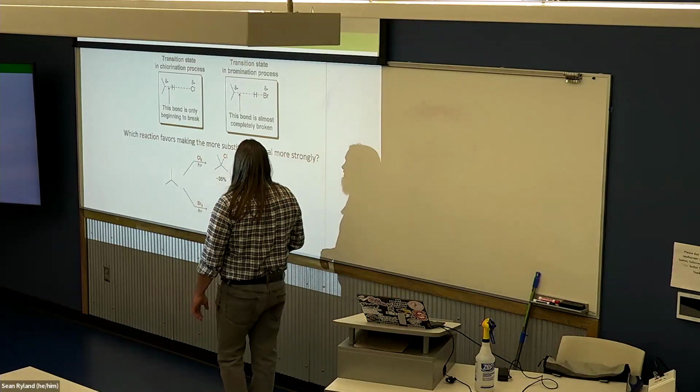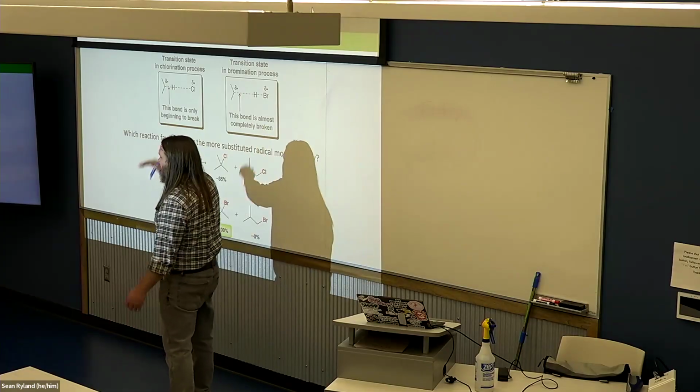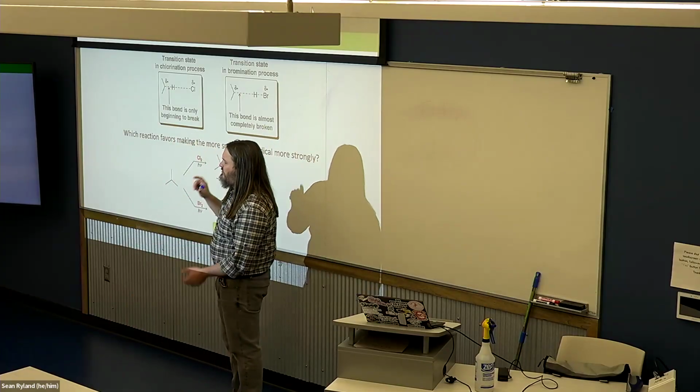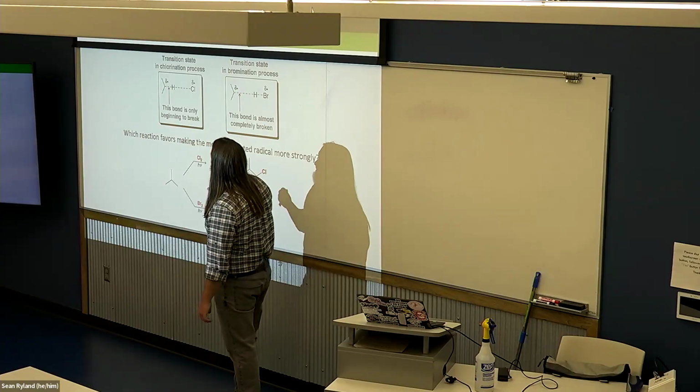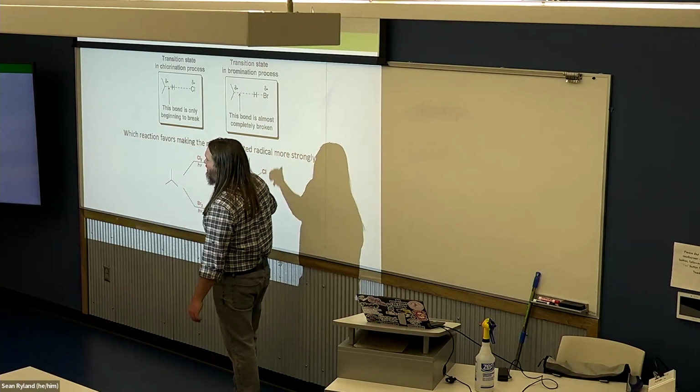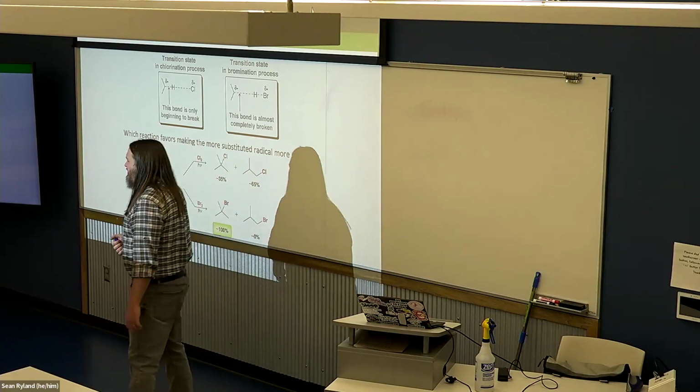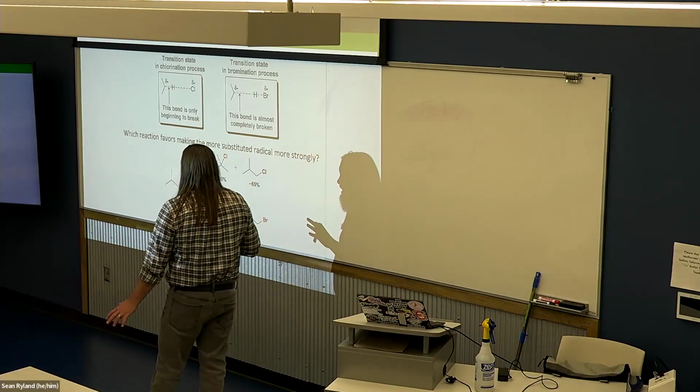And so this idea that we can look at how close the transition state is to see what it looks like. Is it closer to the intermediates versus the reactants? It's called the Hammond postulate. And that's not super critical that you know that.